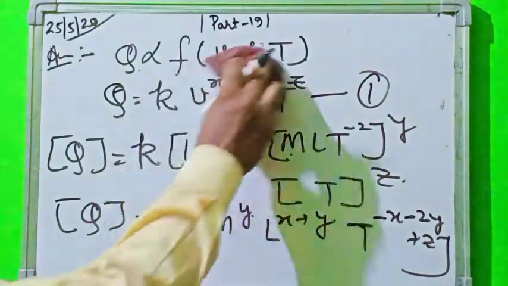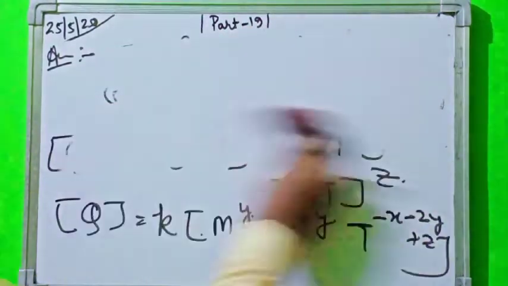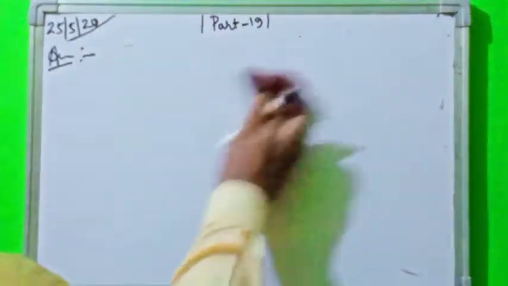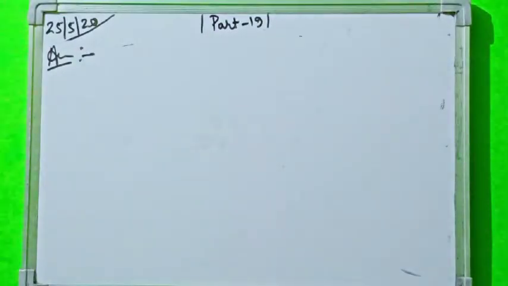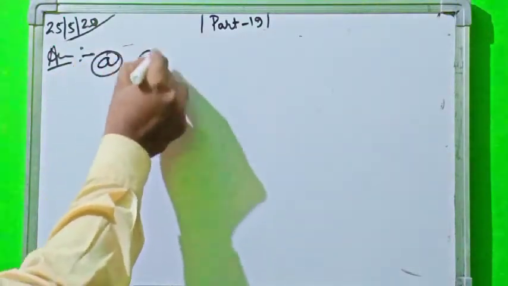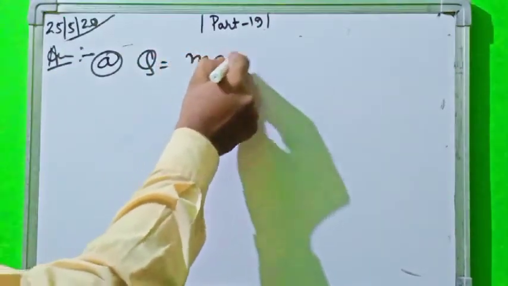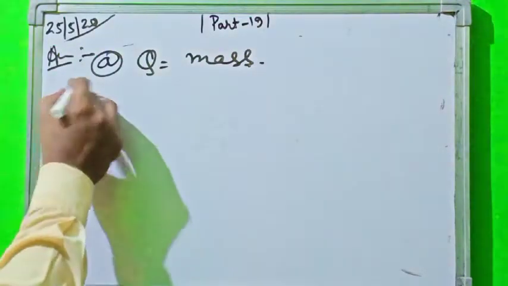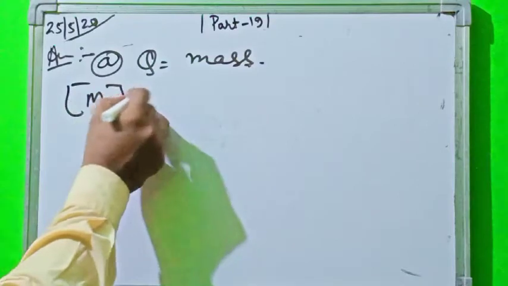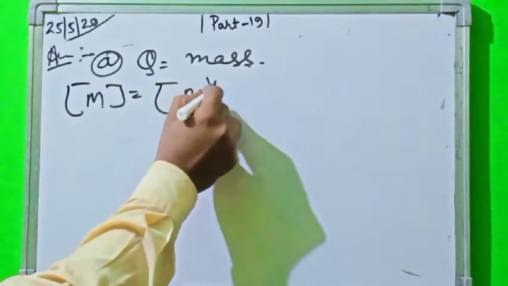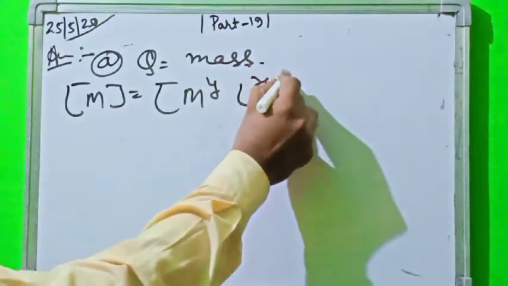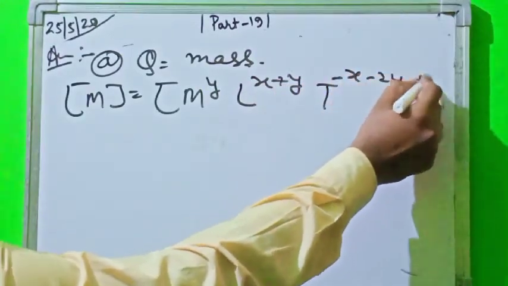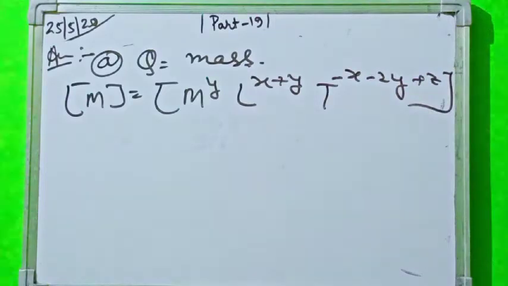So for case A, Q is equal to what? Mass. Q is considered as mass. So M is equal to M^y, L^(x+y), and T^(−x−2y+z).